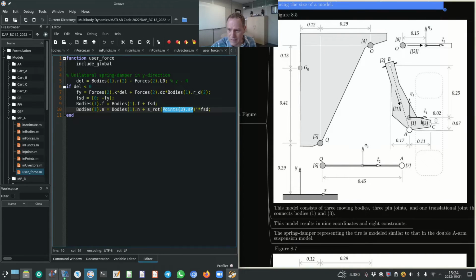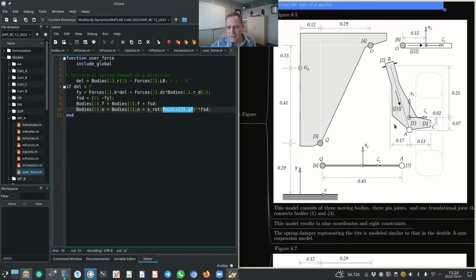Okay, so that's another way of explaining what this point3.sp is. It's the local coordinates of the vector emanating from the origin of body 1 to the point C.